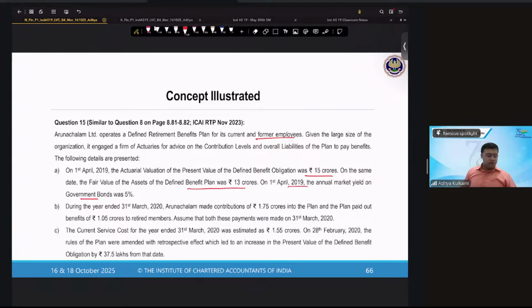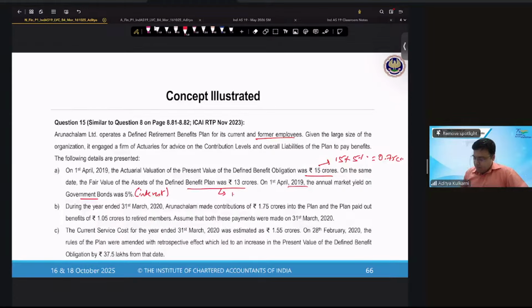This is nothing but your interest rate. Yes or no? Yes, sir. So, on opening balance, your interest will be 15 into 5%, so 0.75 crores. Correct? This is your interest cost.